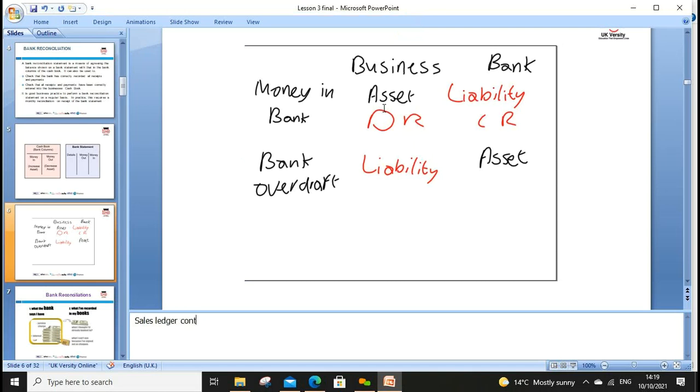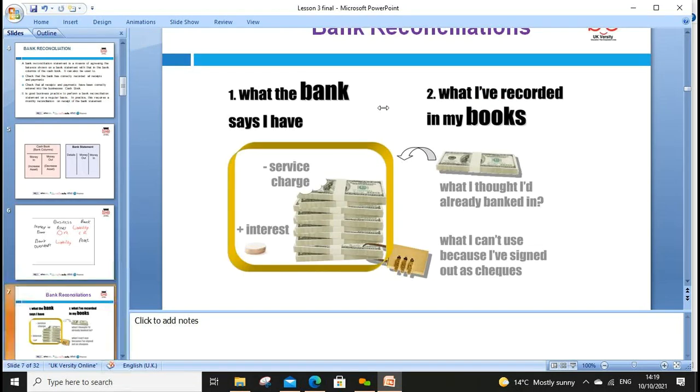A couple of you have heard about the sales ledger control account, also known as trade receivables, also known as debtors. That is on the credit side, so that is what we'll go through.